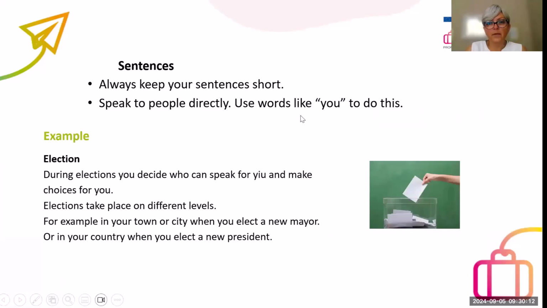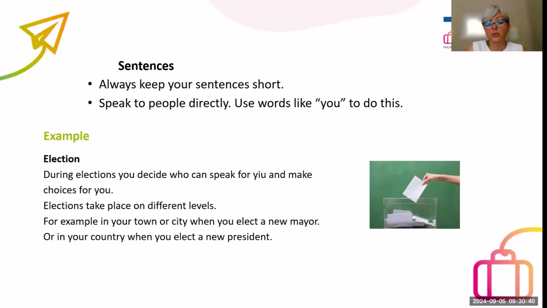Okay, and now let's move on to sentences. So it is important when you speak and when you write to make sentences short. It is also important to use words like you to make the text or your speech more direct and to talk directly to the person you are communicating with. Just as you can see in the example.